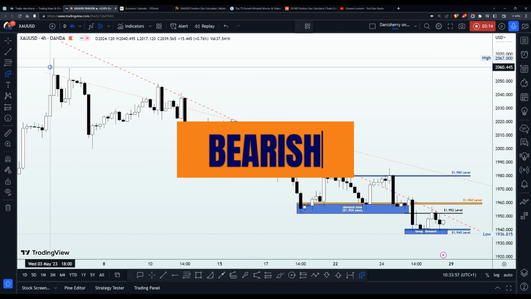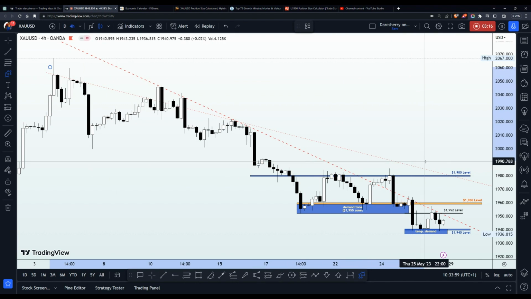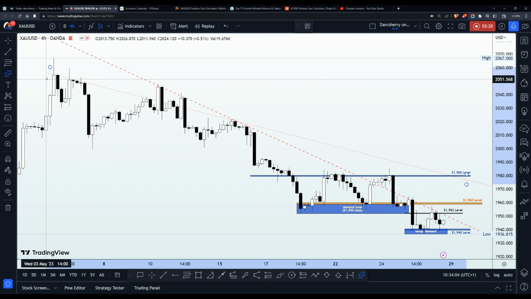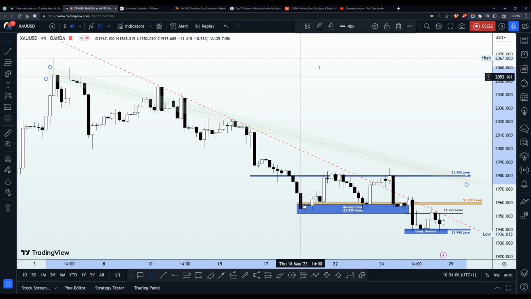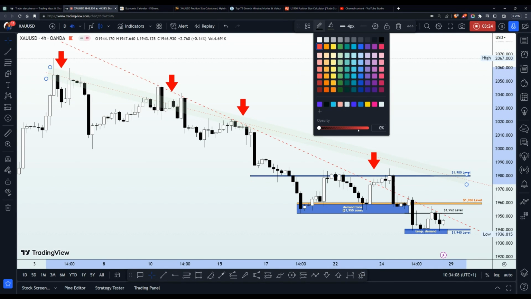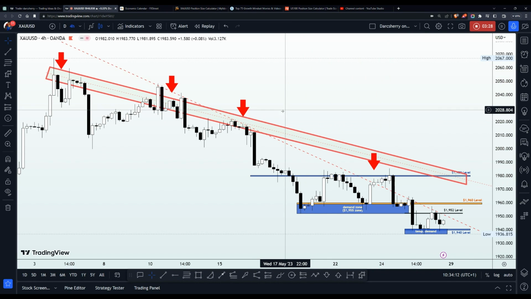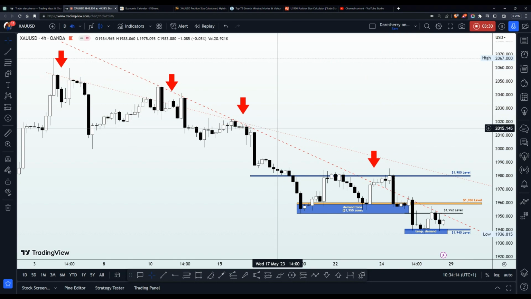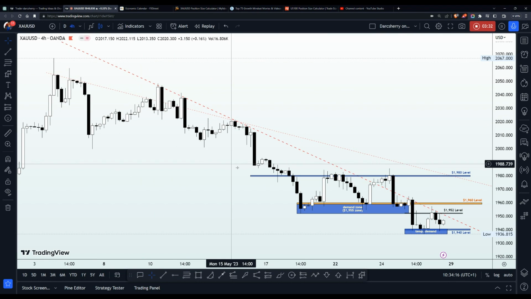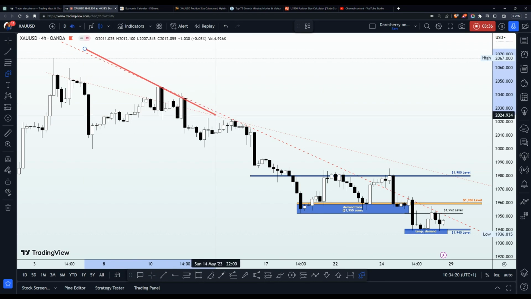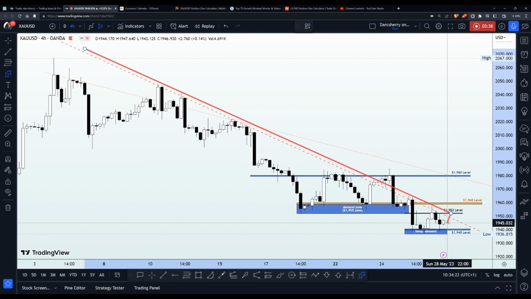In fact, I have a couple of trend lines which I was able to identify after connecting the series of lower highs here. So I had one here, and I had a second one, which is a thick line on your screen, which is the one I'm going to be using for this session.